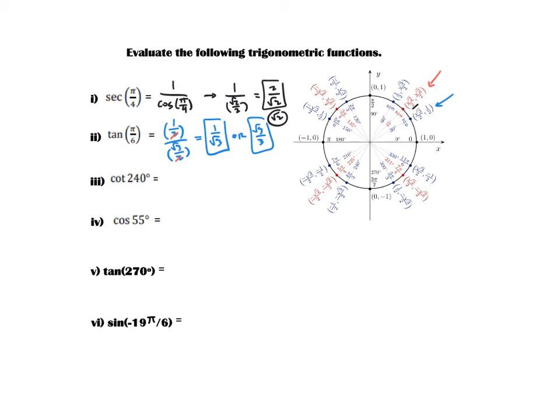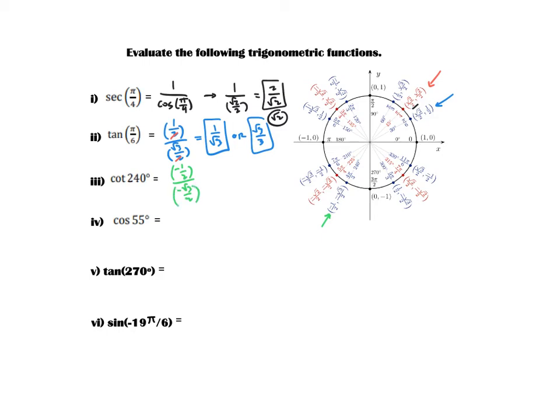Let's find 240 degrees right here. Cotangent. So the tangent was y over x. So the cotangent will be x over y. So let's take x over y here. It looks like negative 1/2 over negative root 3 over 2.